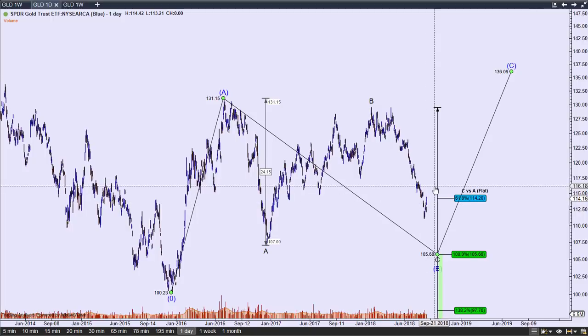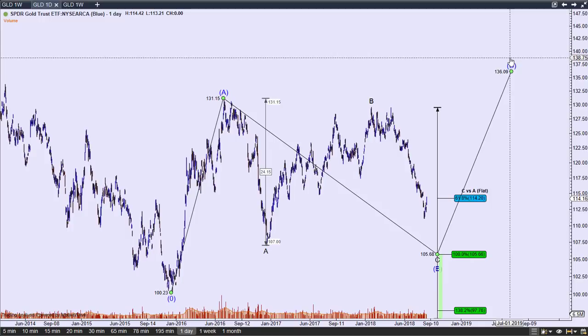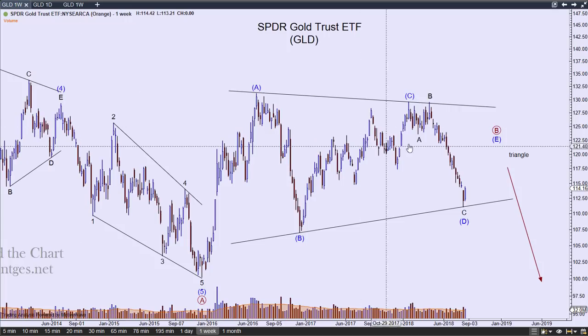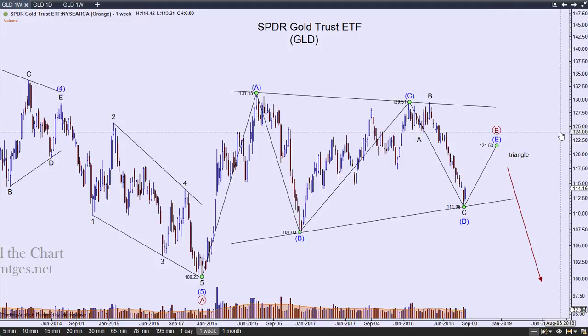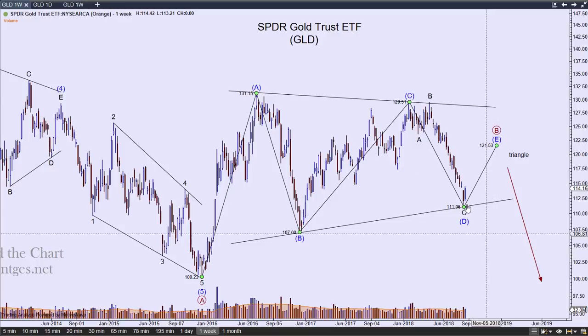Once this starts to go, it's either going to complete and push all the way up to C, or it's going to push just a little bit higher up to E and complete this triangle, and then that's all she wrote. So that's what we're watching for.